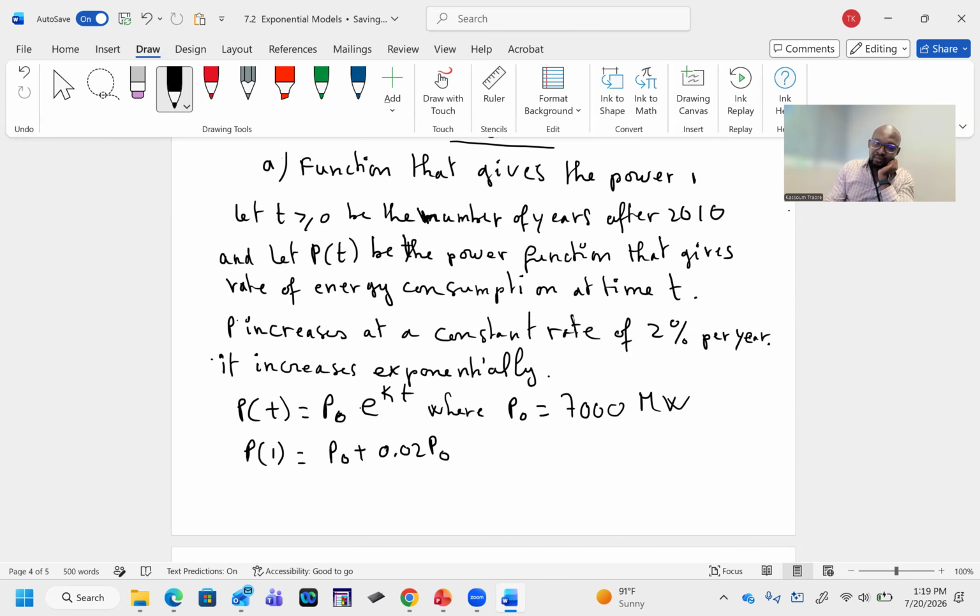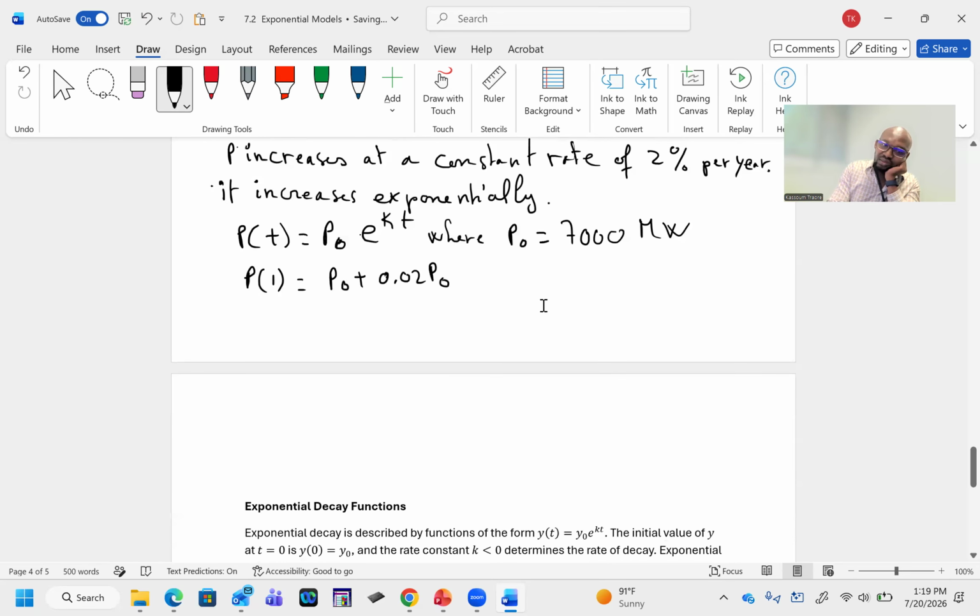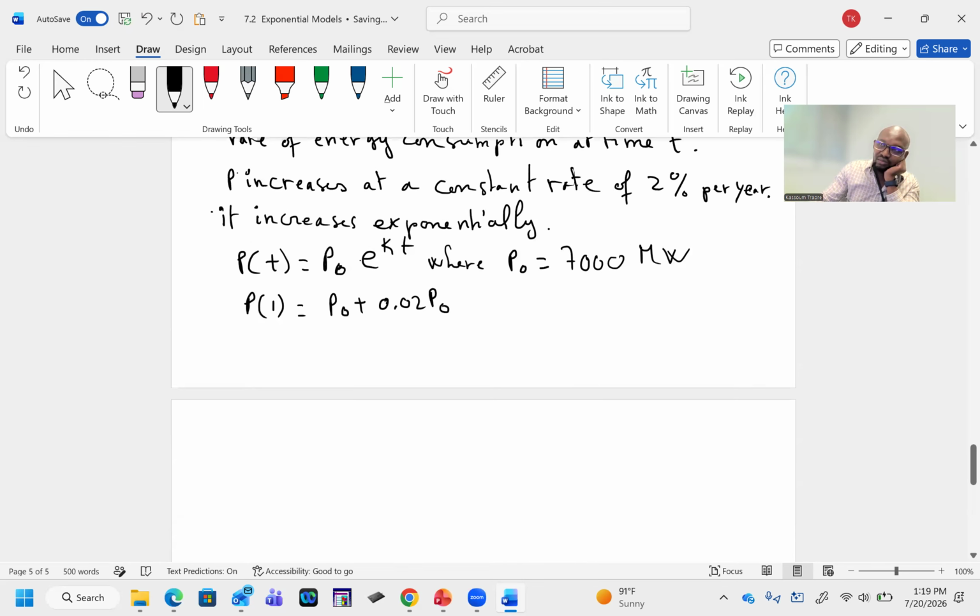So same type of problem. We said P1, which is equal to P0 e to the power of k, if I add these two, will give me 1.02 P0. And then we have to solve for k. We divide both sides by P0, so e to the power of k will be equal to 1.02.